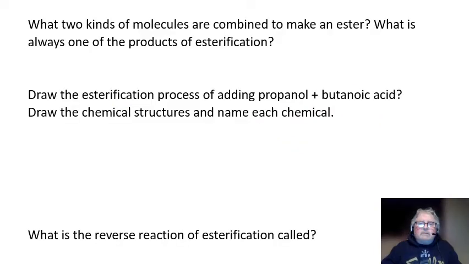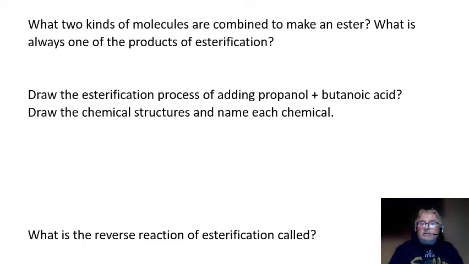Okay, so next we'll talk about esters. Esters are, like we said previously, basically the same as carboxylic acid, but instead of having a hydrogen, they have a carbon coming off. And we learn how to name them by learning how to make them.